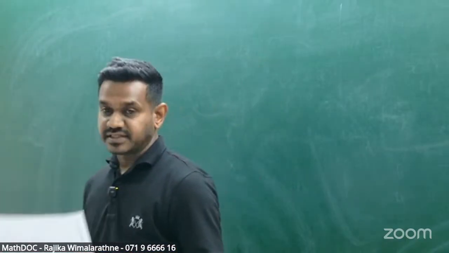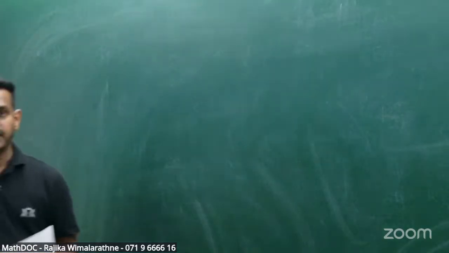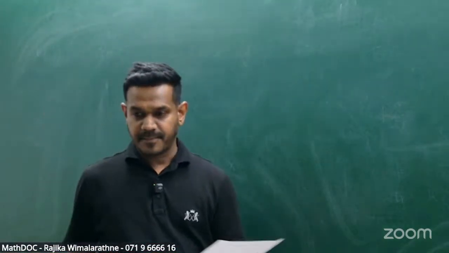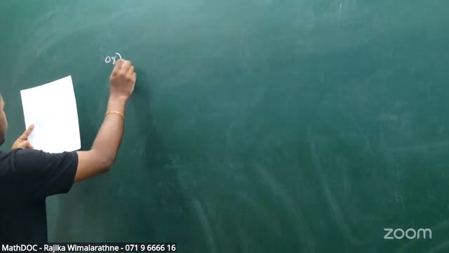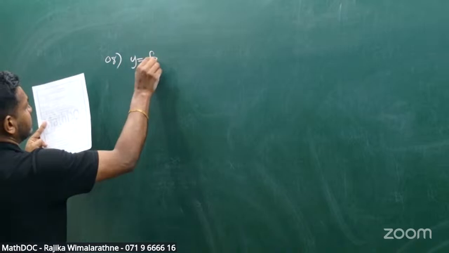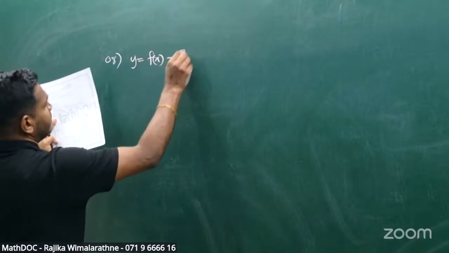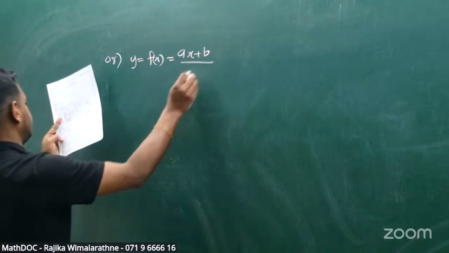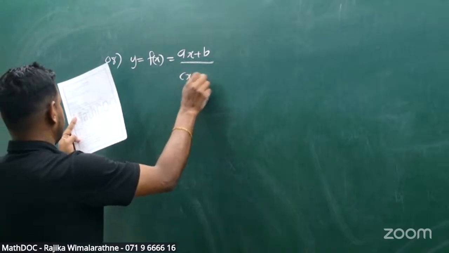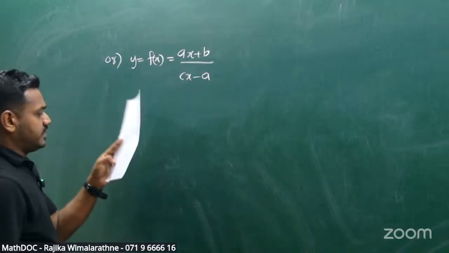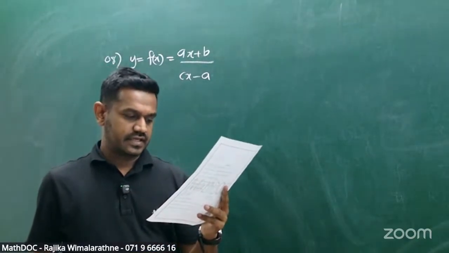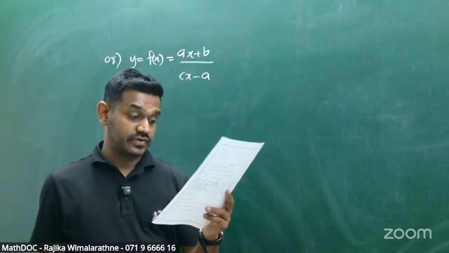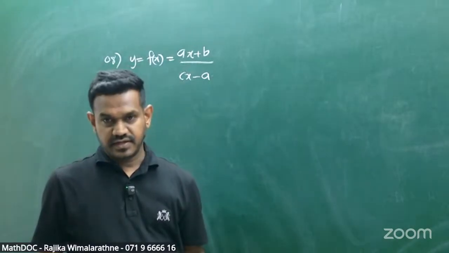Now let's move to question number 8. Take this. y equals f(x), which is given as (ax + b) divided by (cx - a). We have to show that x equals f(y).